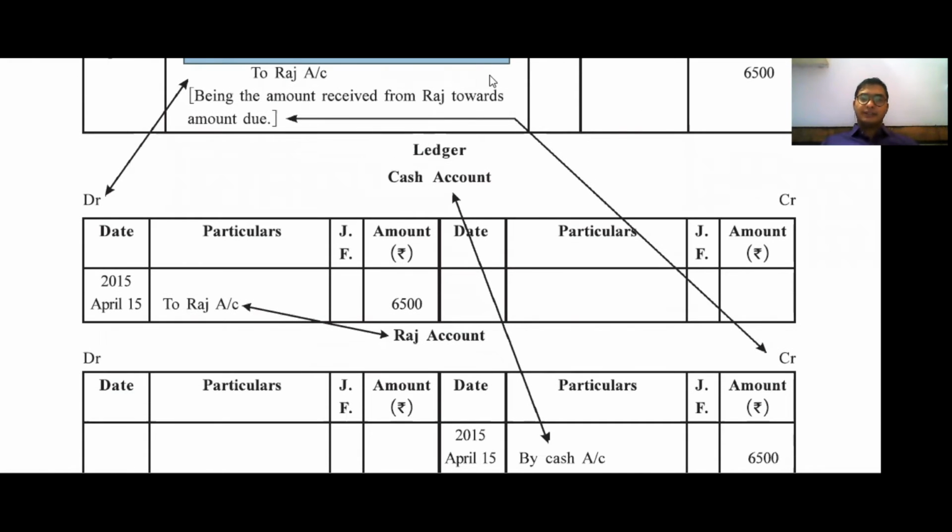Raj account credit by again same amount 6500. So here Raj account is credited, because here Raj account is credit. So Raj account credited by 6500, date, amount, and name of opposite party.